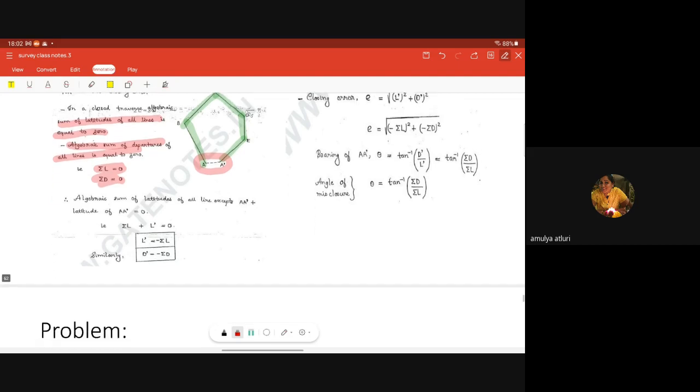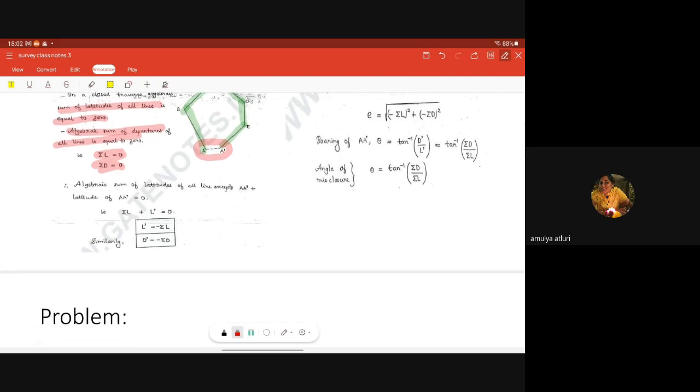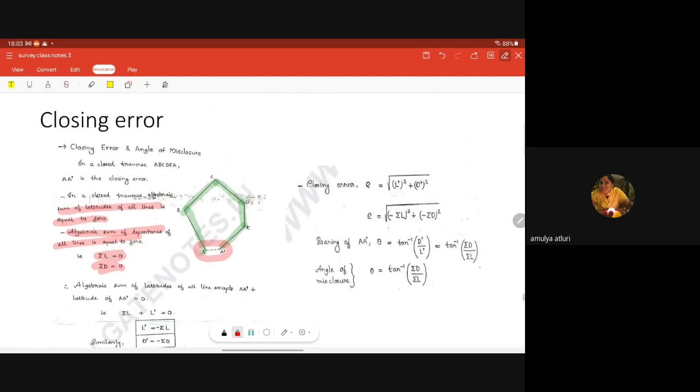Okay. So algebraic sum of latitudes of all lines except AA dash plus latitude of AA dash must be 0. So sigma L plus L dash must be 0. So L dash is equal to minus sigma L. Similarly, D dash is equal to minus sigma D. So what is the closing error?